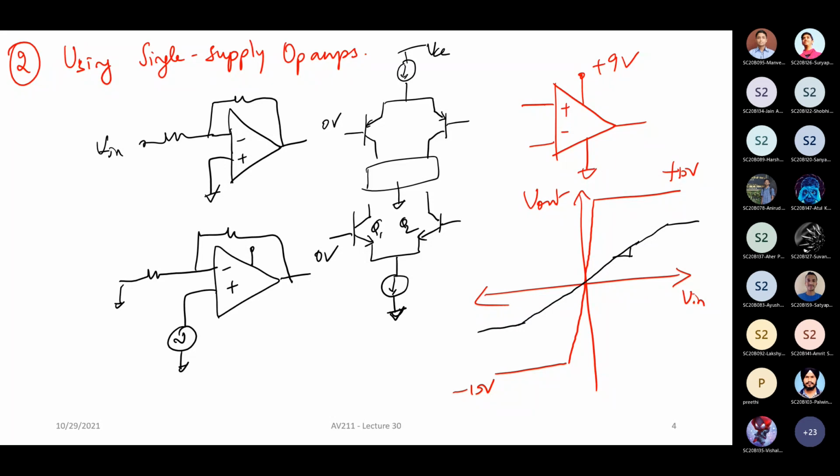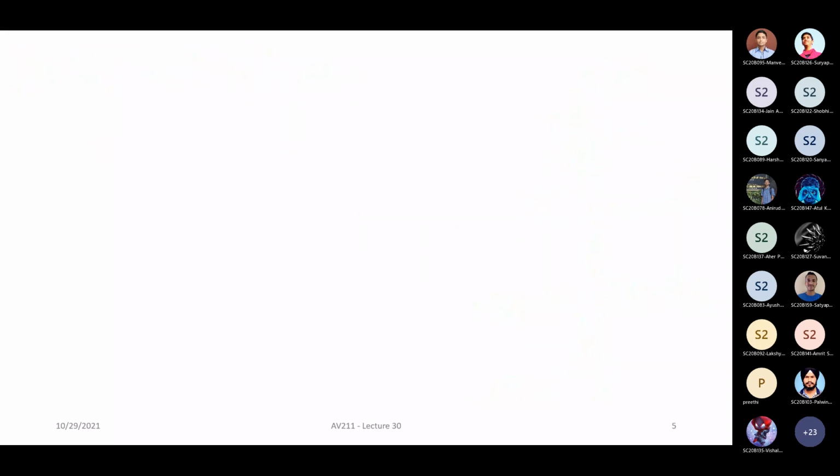Correct. So if you look at the op-amp data sheet, they will tell you over what range you can use your op-amp. Okay. So typically they will say you can use from, let's say, V minus plus 0.5 volt to V plus minus 0.3 volt or 0.5 volt.